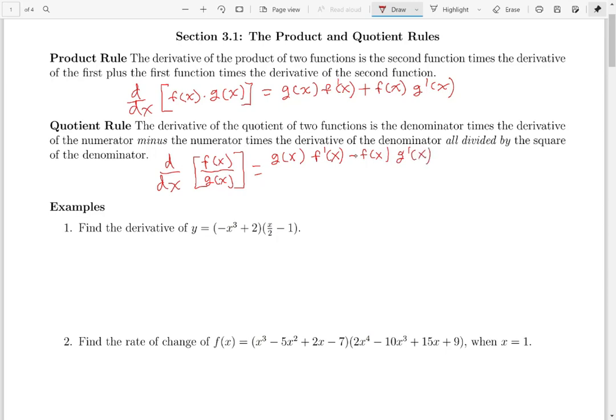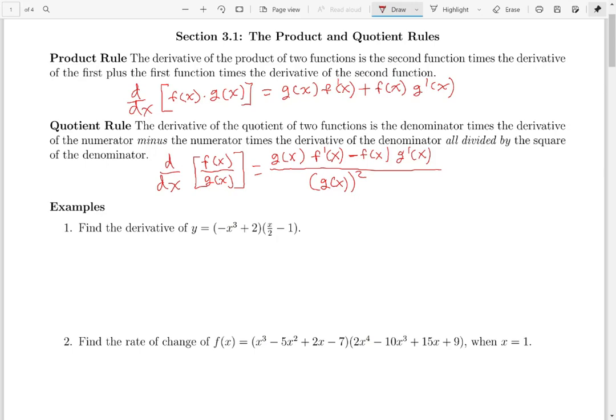And notice that that is a subtraction, and so the order in which you do this matters. And then that's all going to be divided by the denominator squared. And so those are our two formulas. That's how we take the derivative of a product, and how we take the derivative of a quotient.